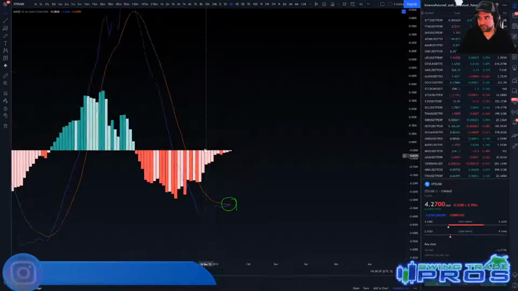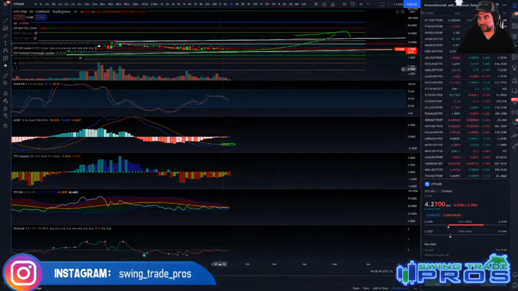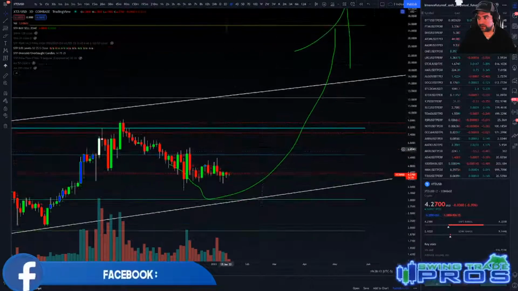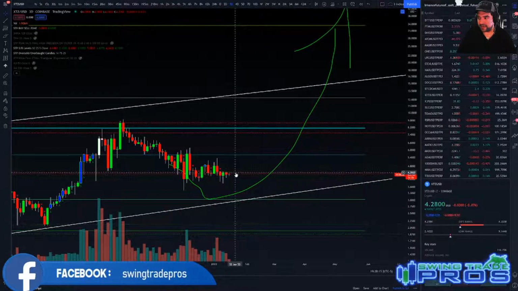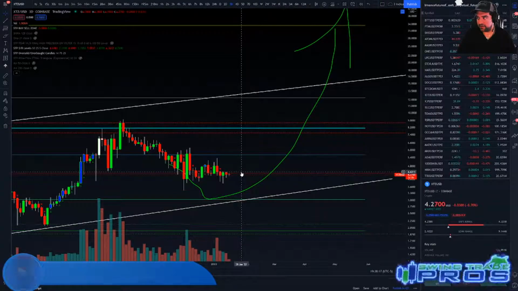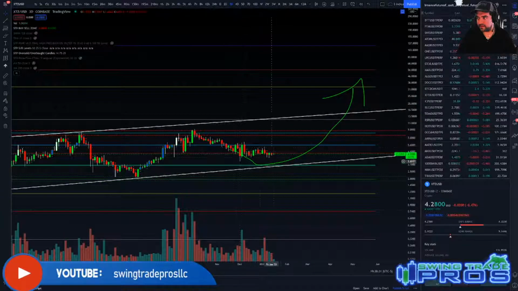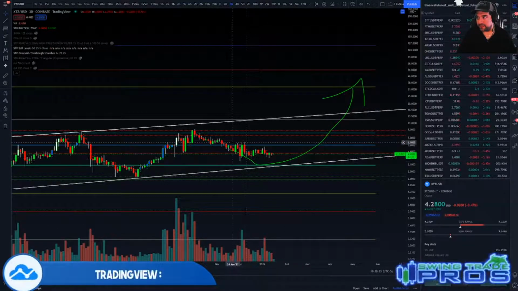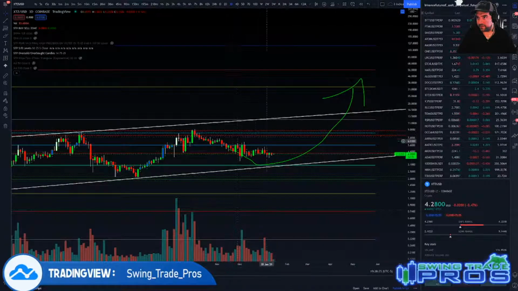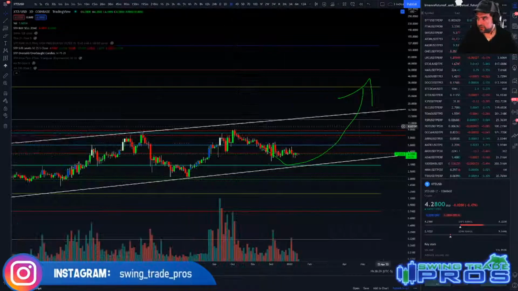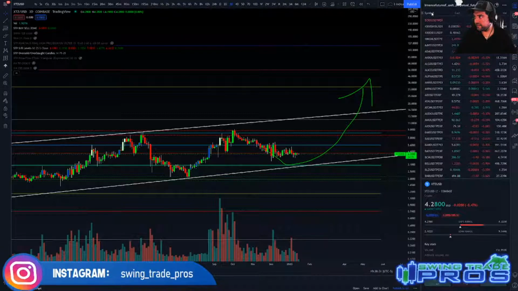I do suspect that if we do get continued movements up, we will get a cross, right? But we're kind of struggling to break this high here at this 445 area. But we'll see how this plays out, right? Especially if Bitcoin can go test that 45 to 46k level.